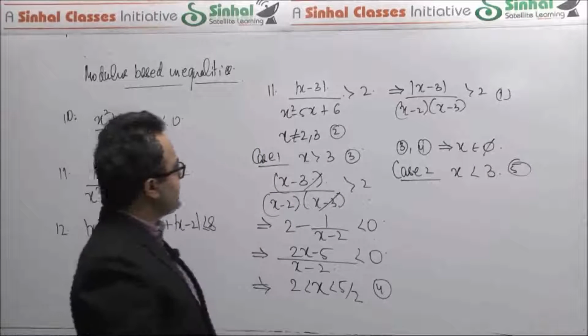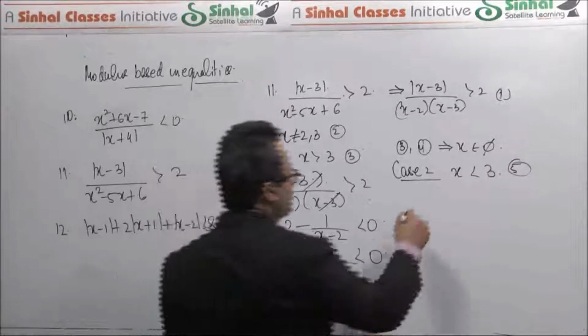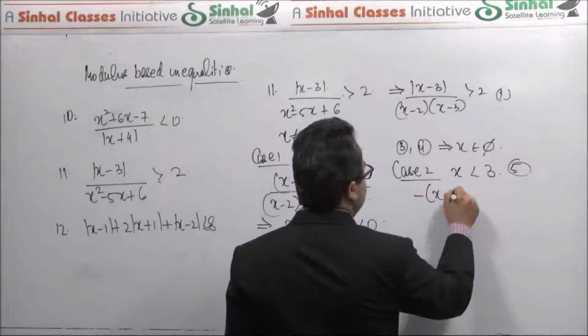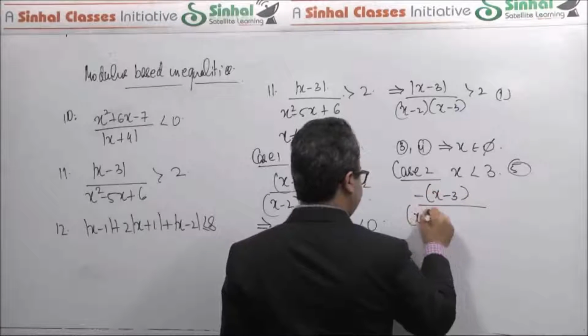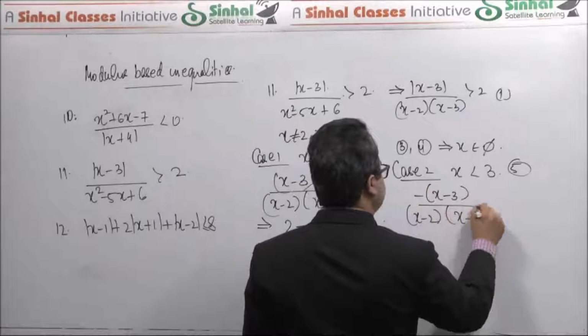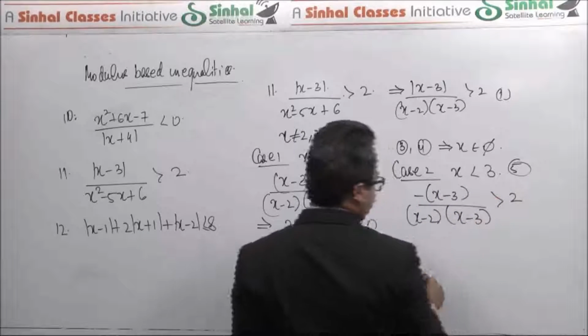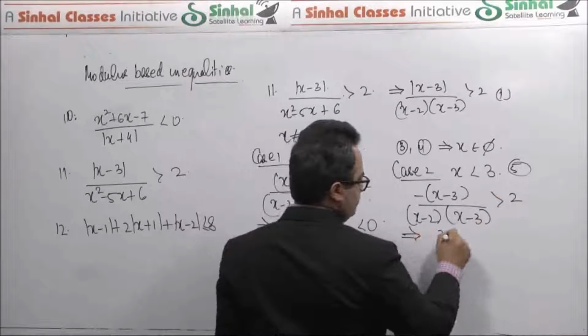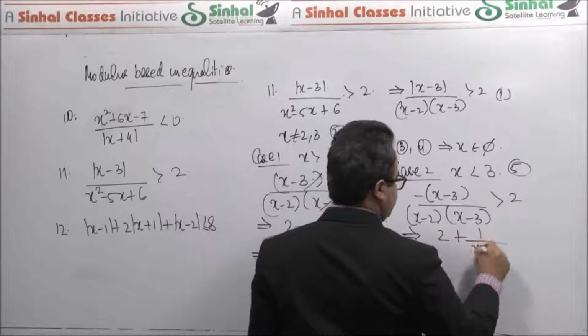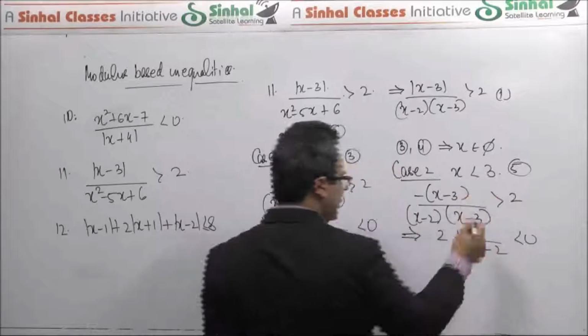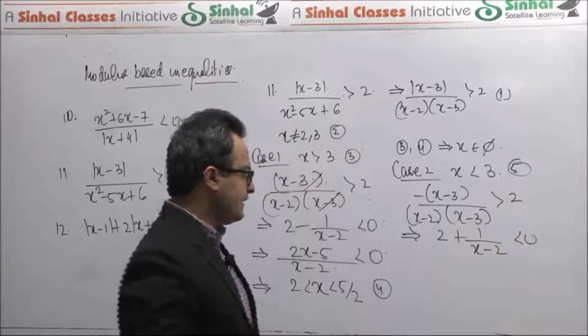So again, if x is less than 3, then mod of x minus 3 will be minus of x minus 3. Again, cancel out x minus 3, take all the terms to the right hand side.